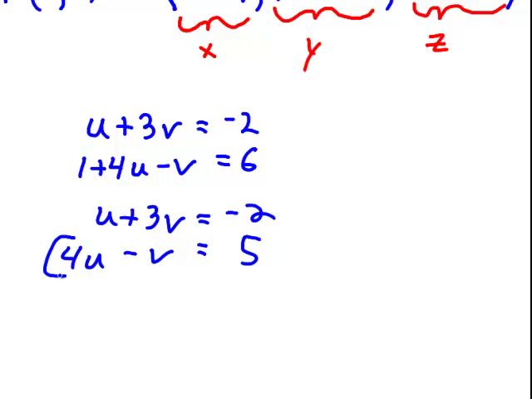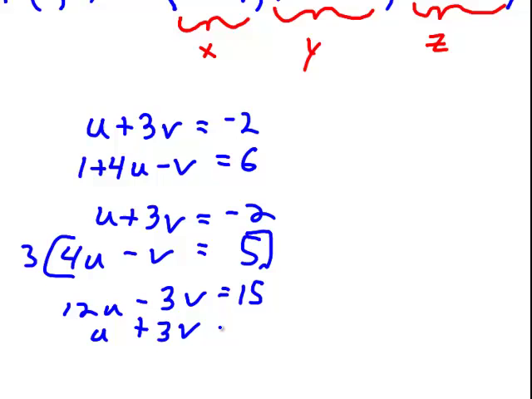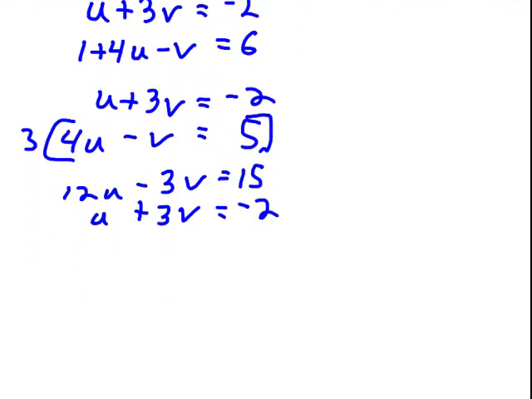Lots of different ways, but I could multiply, say, this second equation through by 3. Get 12u minus 3v equals 15, and then take that top equation, u plus 3v equals negative 2, and eliminate the v. I do that, I get 13u equals 13, or u equals 1.